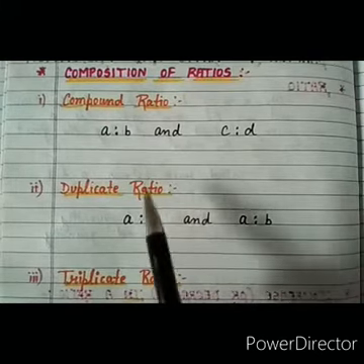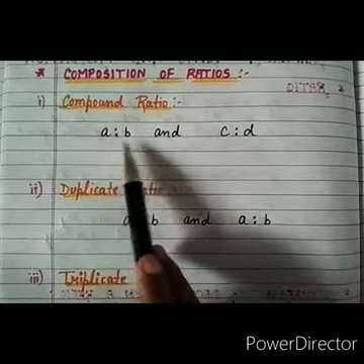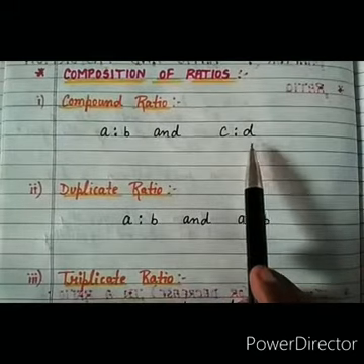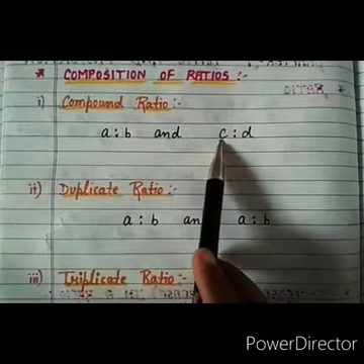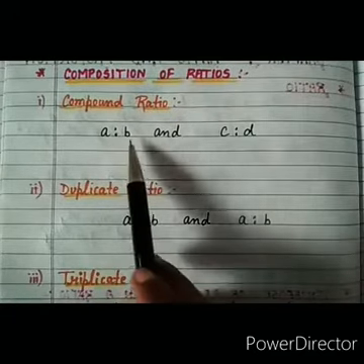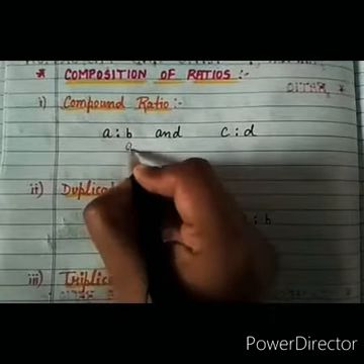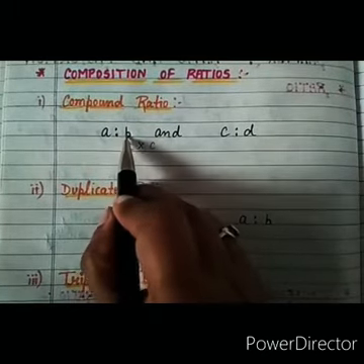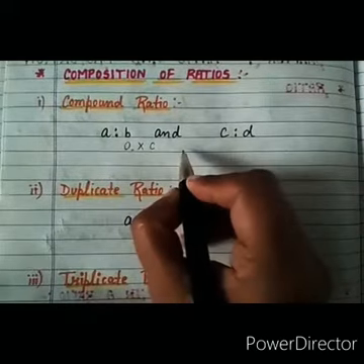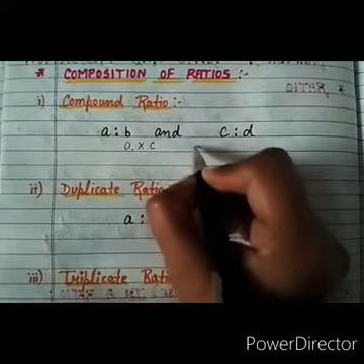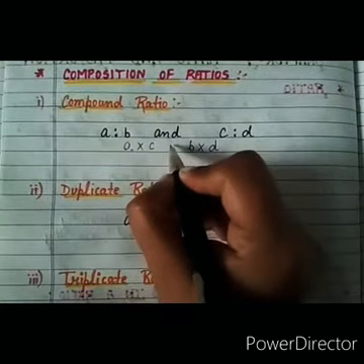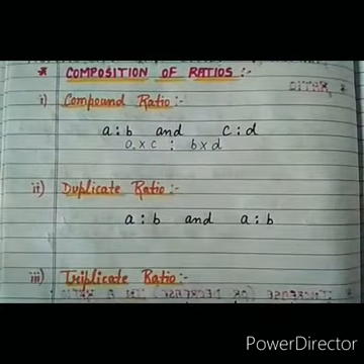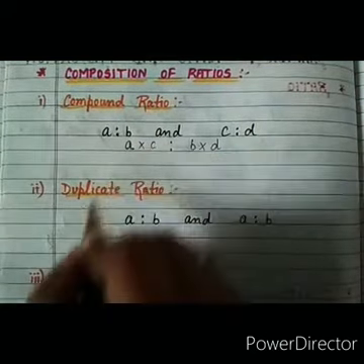For example, if we have two ratios, the first one is A is to B and the second ratio is C is to D. Then the product of their antecedents, meaning the product of the first terms, is A multiplied by C, and the product of their consequents, meaning the product of the second terms, is B multiplied by D. Then this ratio is called the compound ratio.